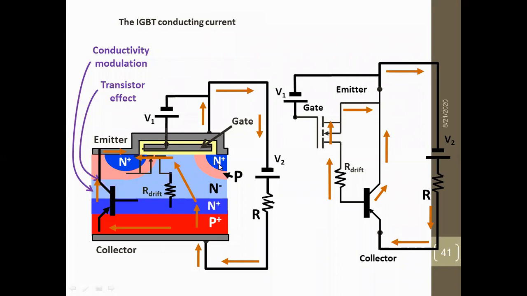By replacing the negative with a positive, the IGBT is turned on, by applying the positive gate voltage to open the channel.